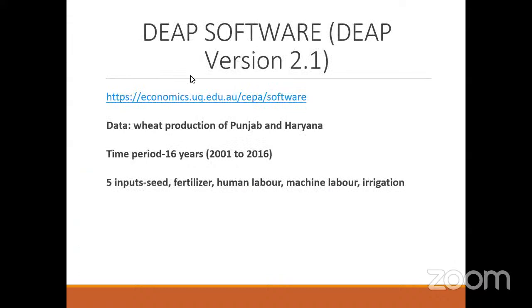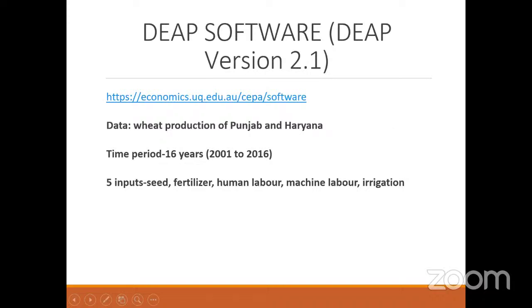This is a software which can be used to estimate the Malmquist Index, DEAP software. It is available at the following link, the website of the University of Queensland, Australia. It provides software for calculating technical efficiency and TFP, like DEAP, and frontier approaches also.